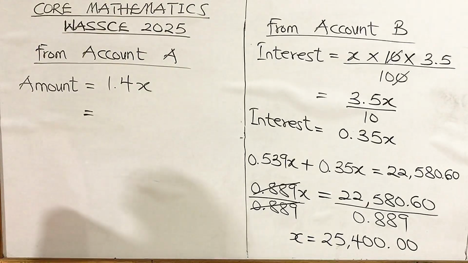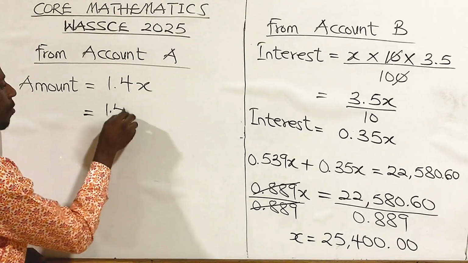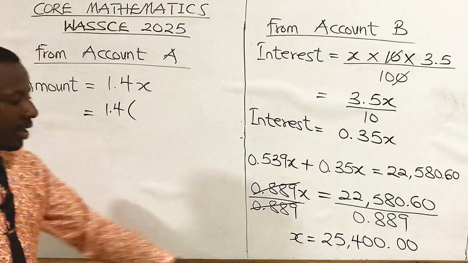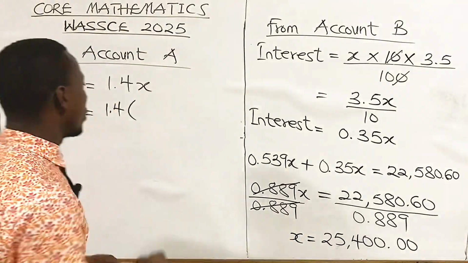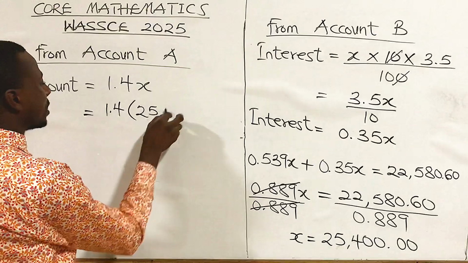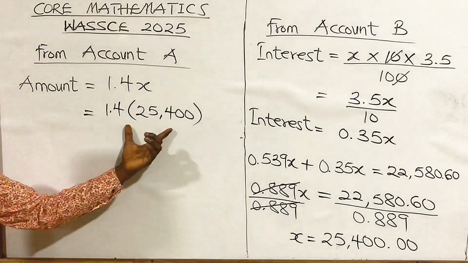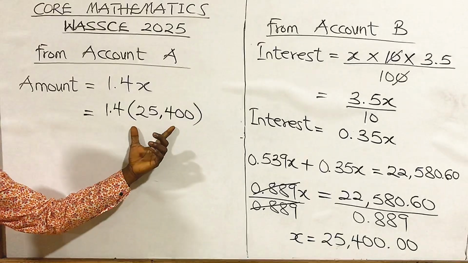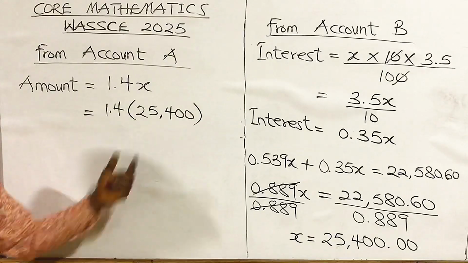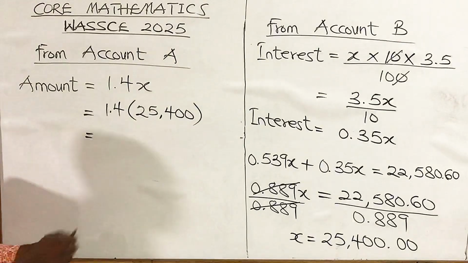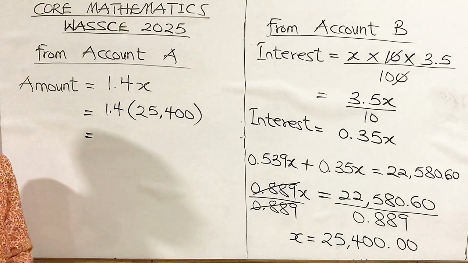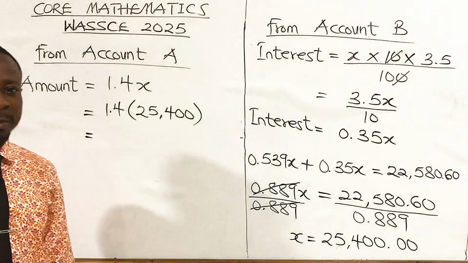At this point, we have 1.4 multiplying the value of x, which is 25,400 Ghana cedis. We are going to use the calculator again to multiply. When I multiply these two, what did you get from your calculator?